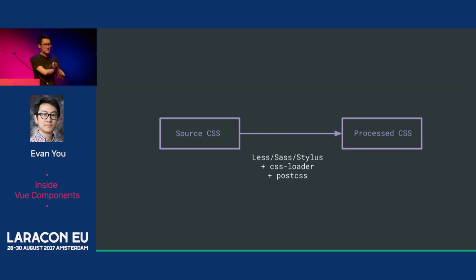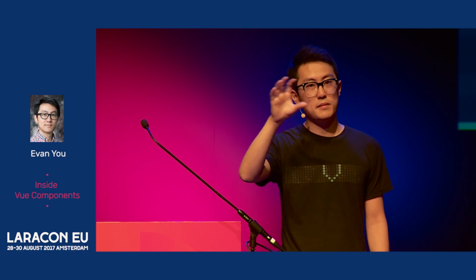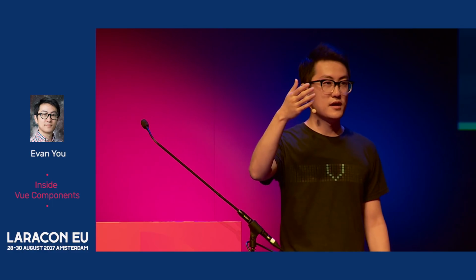And then we pipe it through the CSS loader, which is part of the Webpack ecosystem. The job of CSS loader is really resolving a lot of the URLs in your CSS. For example, if you are linking to a file using a background URL, right? Usually when we deploy CSS, we need to think about where this file is eventually deployed. Its deployed path is relative to the CSS file and where it's deployed.